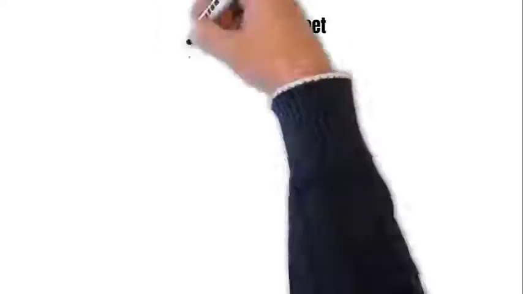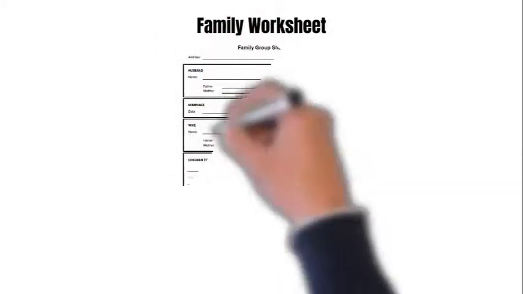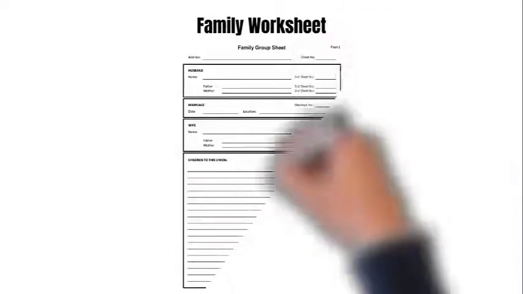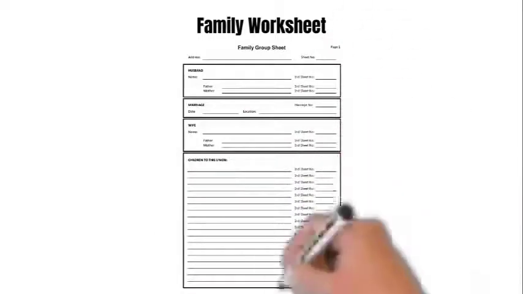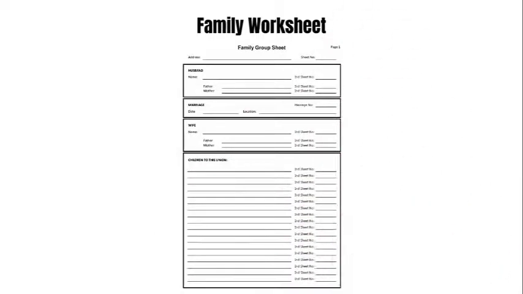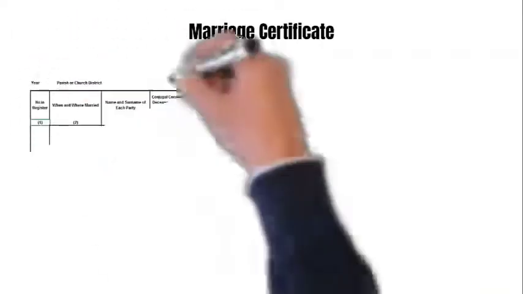Family Worksheet. A family worksheet keeps a record of each ancestor who is a member of a particular family unit, all on one page. It also includes the spouses of children. Marriage Certificates. A marriage certificate allows you to track and record your ancestors' marriages.